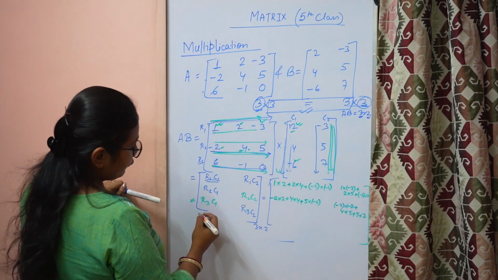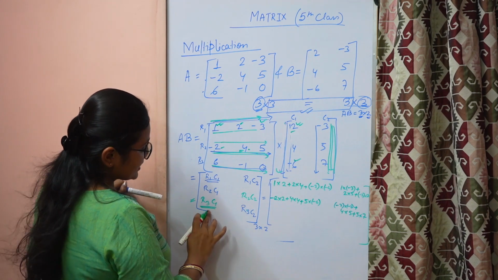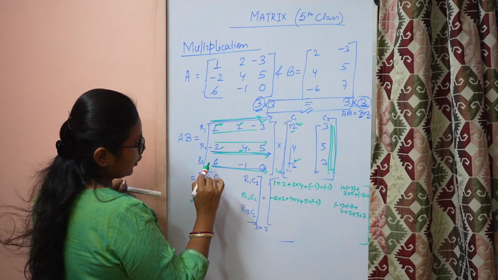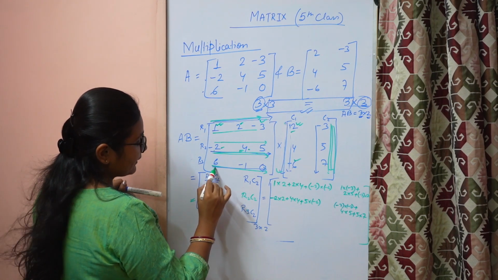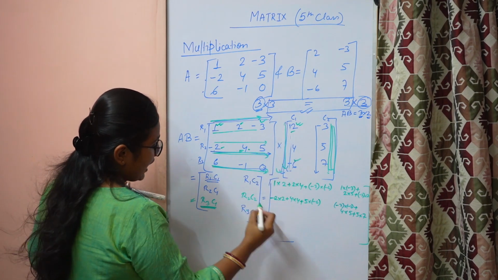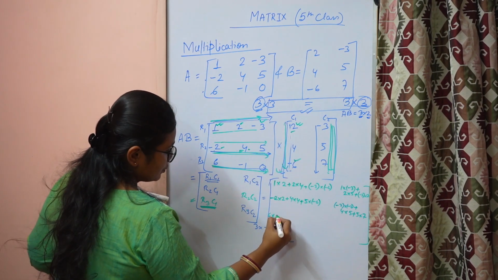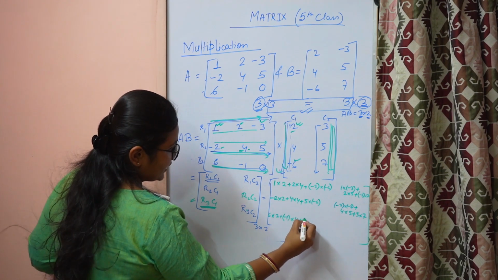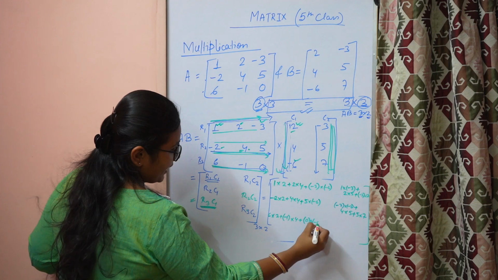Now the first element of the third row is the multiplication of the corresponding elements of R3 with C1: 6 into 2 plus minus 1 into 4 plus 0 into minus 6.